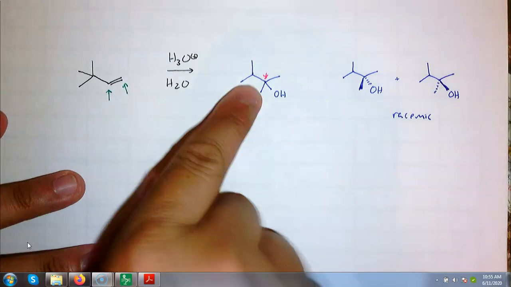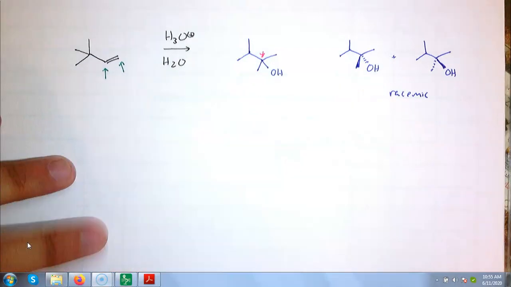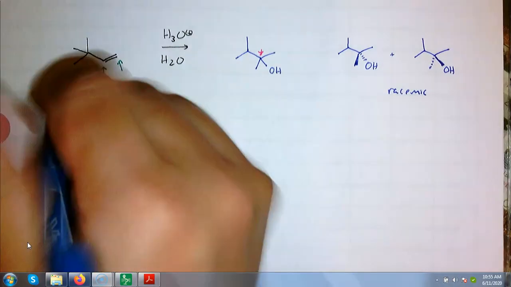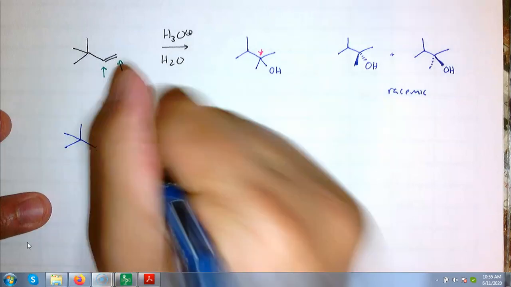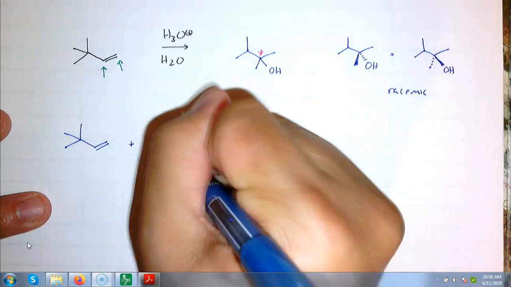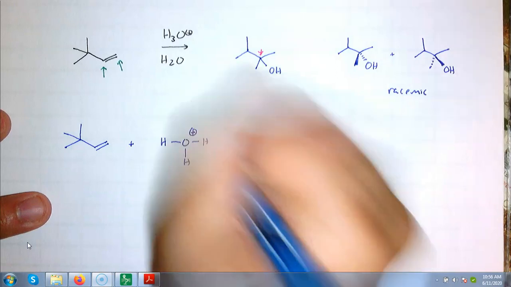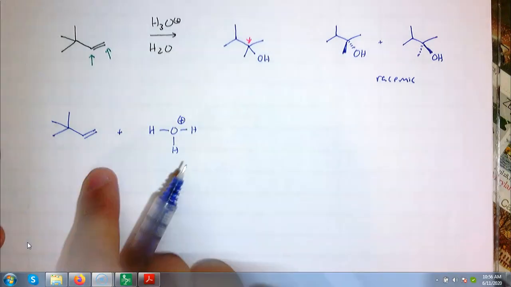Because look at my pink asterisk. That is a chiral carbon that we did create. Okay, mechanism. Okay, pause the video and draw me the first step, the mechanism errors and the result.